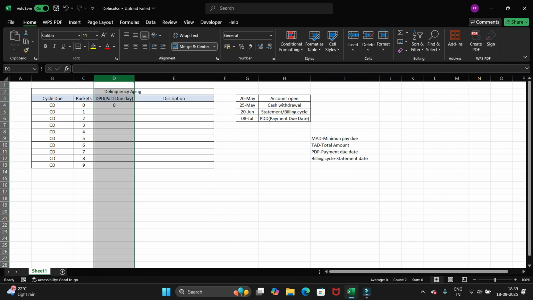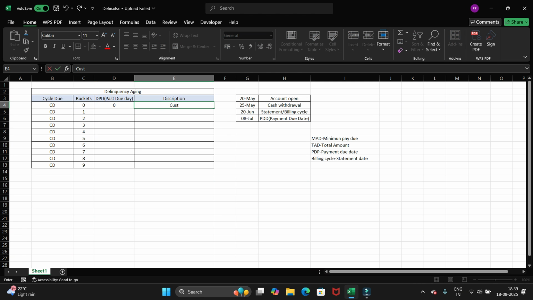DPD means from how many days the account is past due. So for the CD 0 level, the DPD will be 0. That is, the customer did full payment or did a MAD payment.